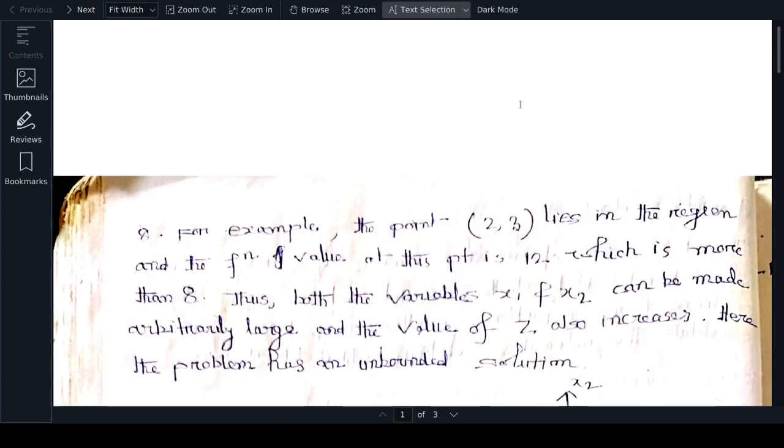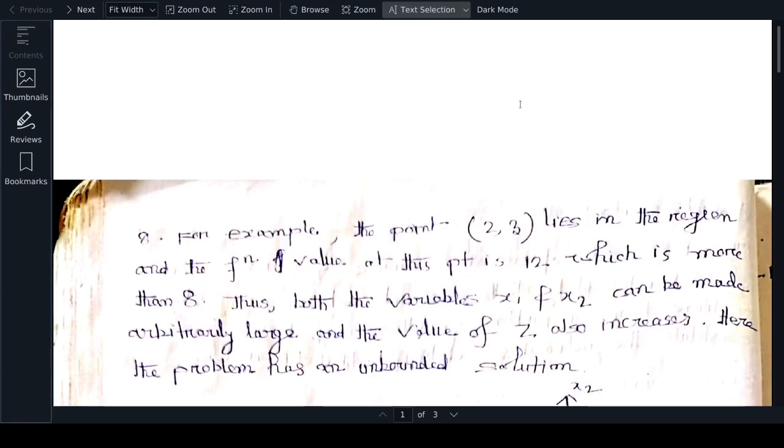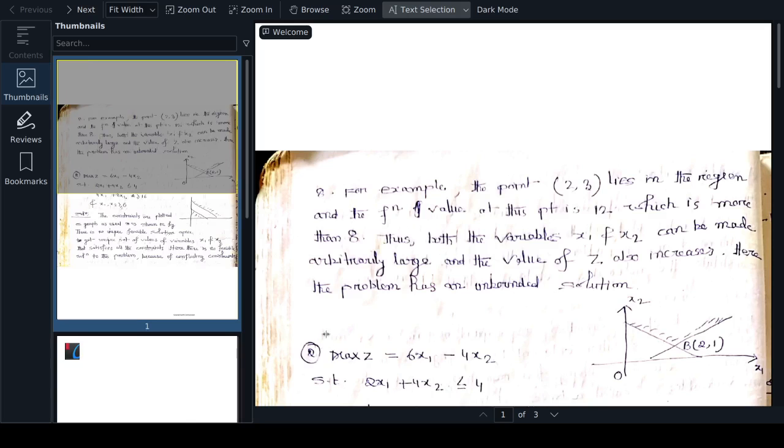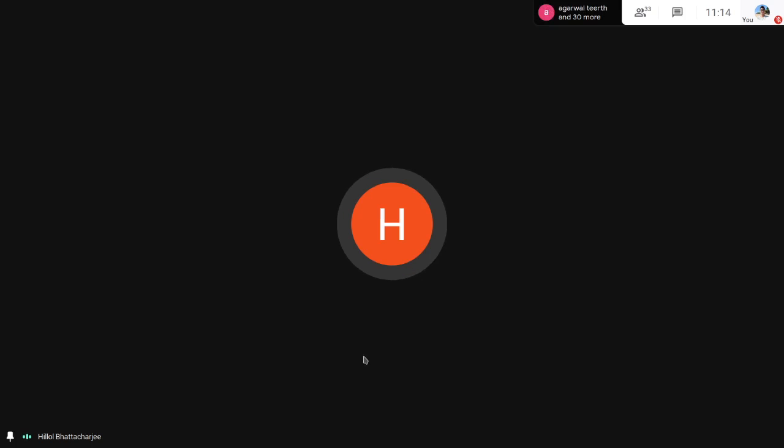Okay. So next one is what? From this line, which region shall we shade? Means the origin containing side, or the side away from the line? Sir, the origin containing side.